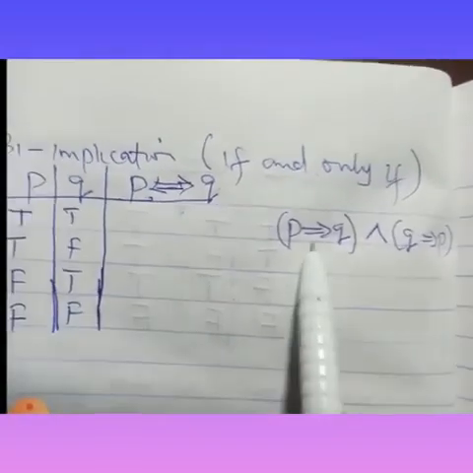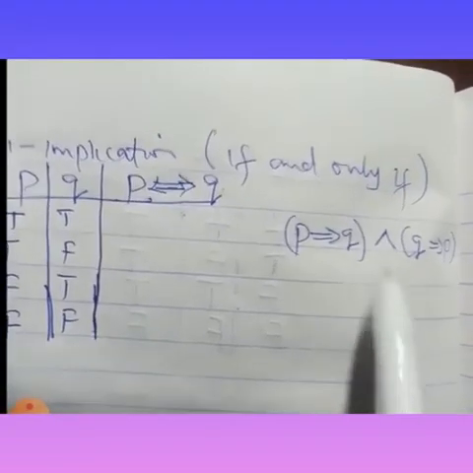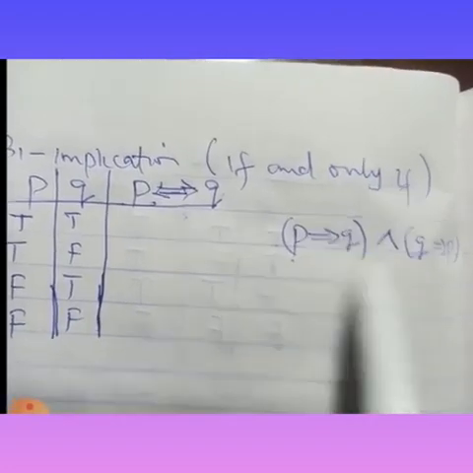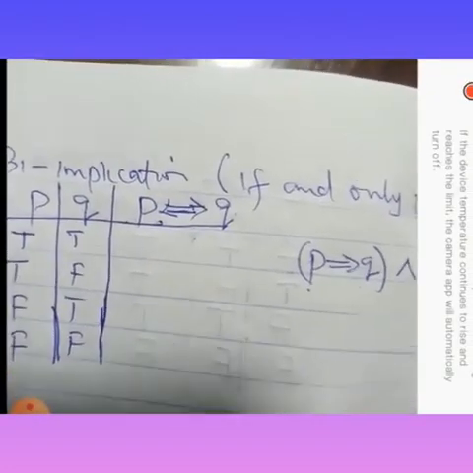If you understand what we discussed earlier on about implication and what we discussed about conjunction. So when we have P implies Q and coming back, Q implies P, call it by implication.